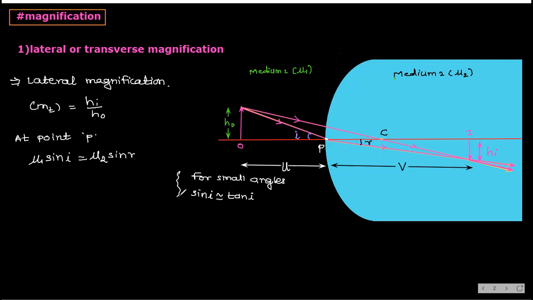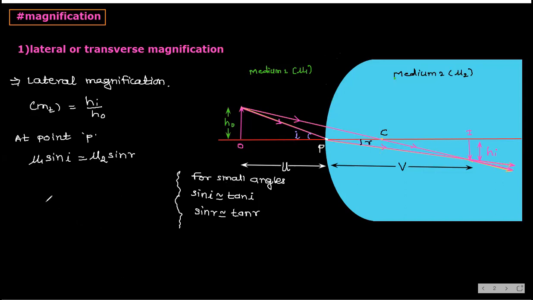And similarly sin R is nearly equal to tan R. Because when the lens is refracting, if you see, it is very small angles, small lens. So that's why we have to assume like that.